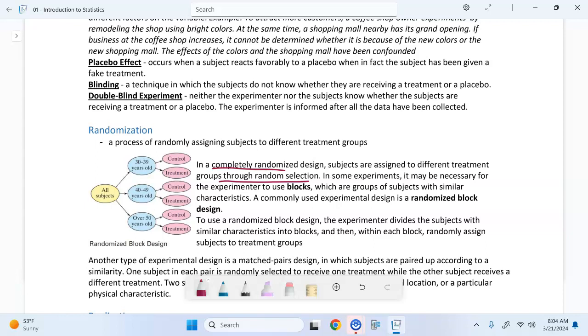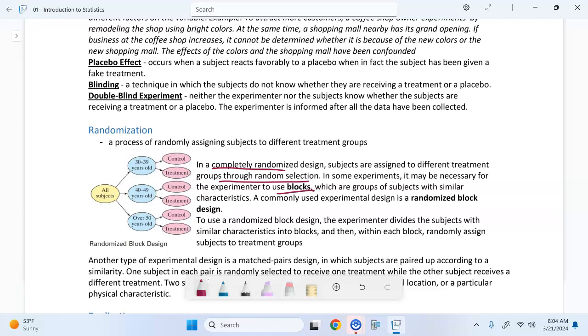More often, to help with confounding variables and other things, experimenters will use some type of a block design, where groups with similar characteristics are grouped together and then from there randomly assigned to treatment or control group. So a block design would be, I take all the men and I take all the women and I separate them. And then I randomly take all the men and say, okay, half of you go here, half of you go there.